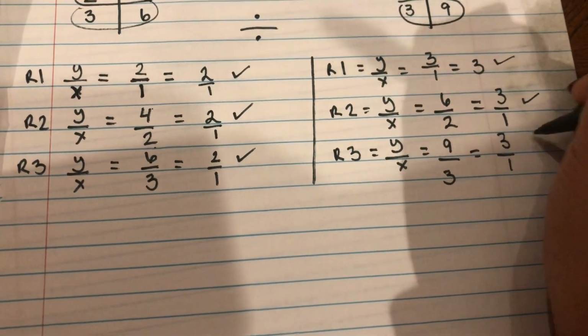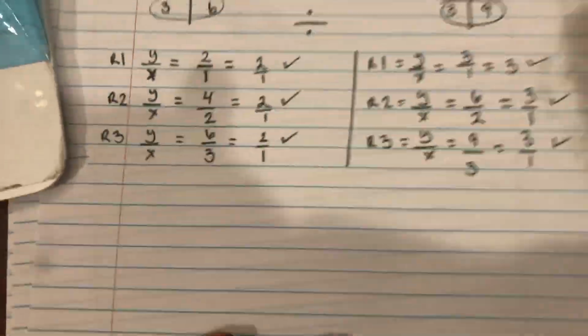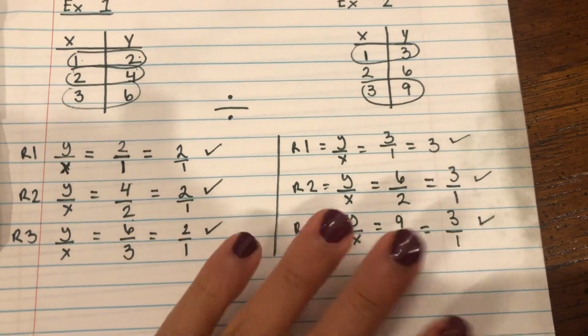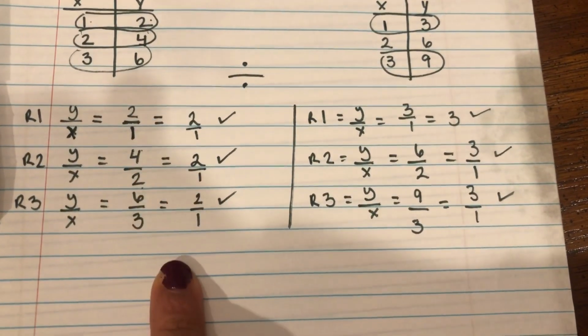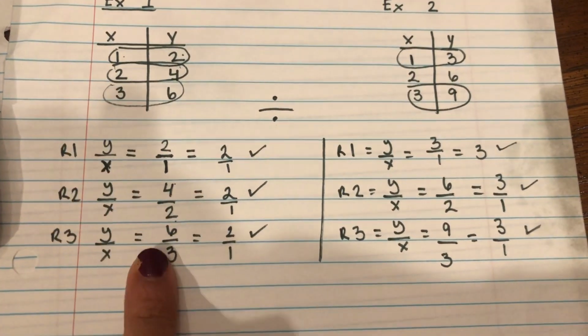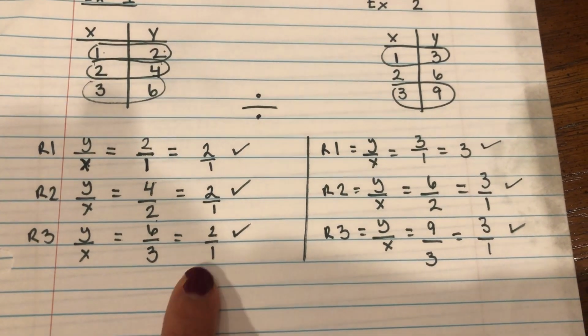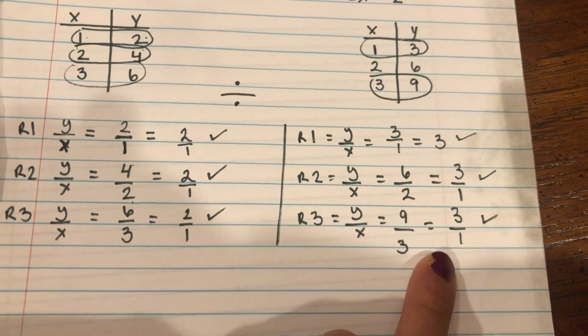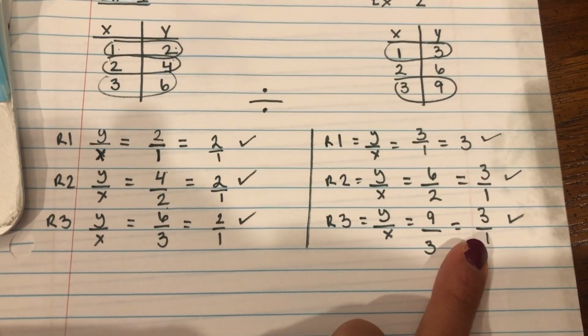So if you look at this, both tables are proportional, and the reason why is because both tables have equivalent ratios. Example 1 is proportional because all ratios are equivalent to 2, and table 2 is proportional because all ratios are equivalent to 3.